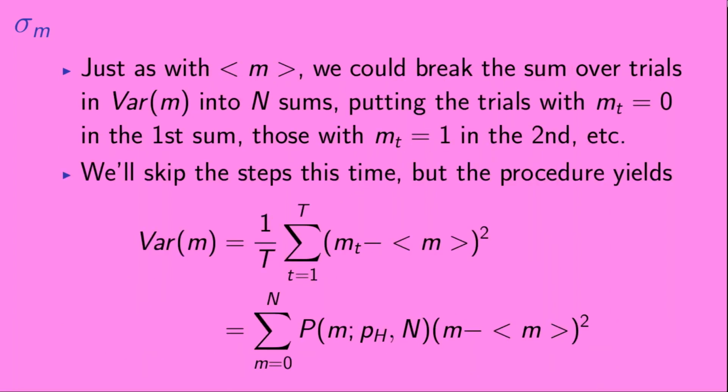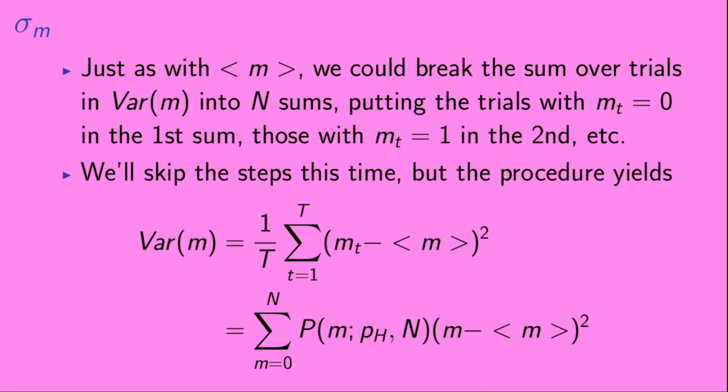Okay, so just as with the mean value of m, we could break the sum over trials in the variance of m into n sums, putting the trials with m_t equal to 0 in the first sum, those with m_t equal to 1 in the second sum, etc.